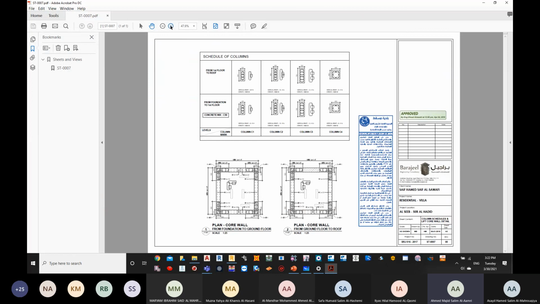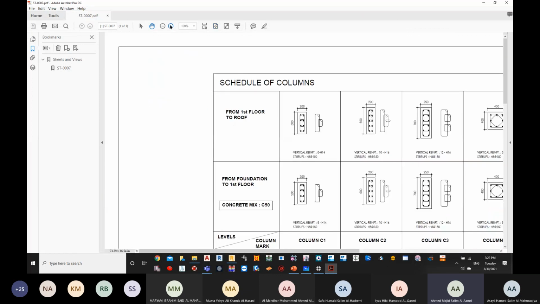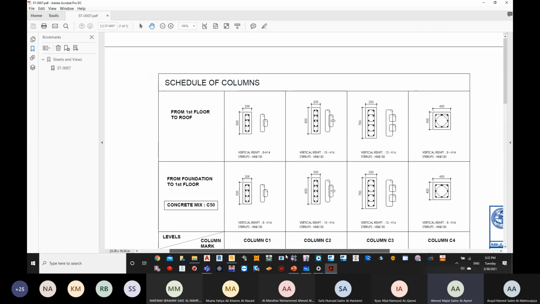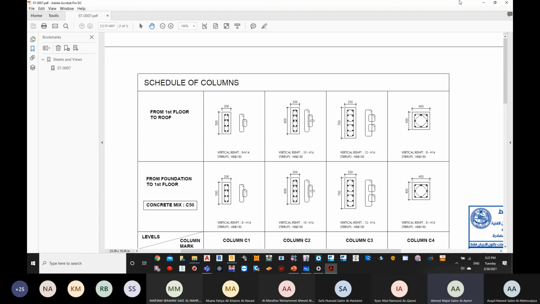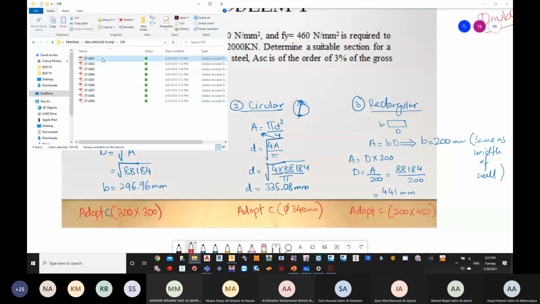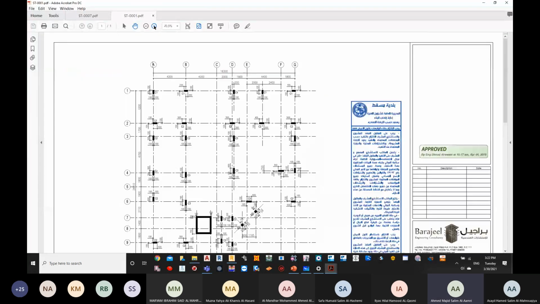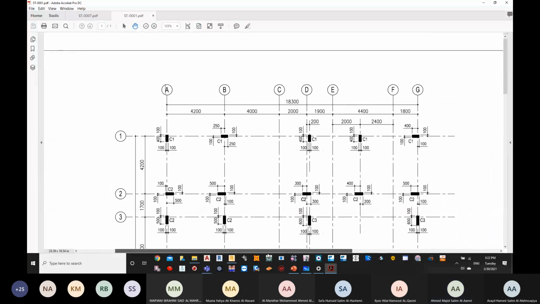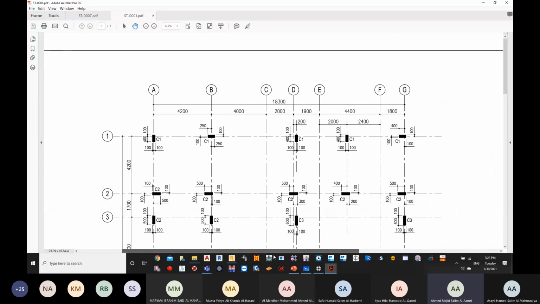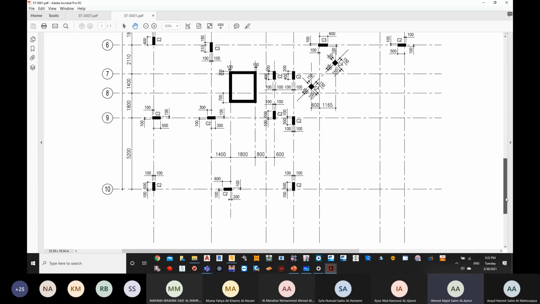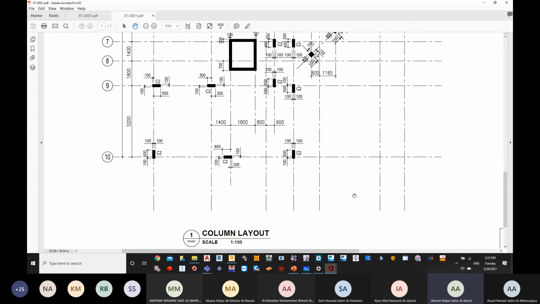Okay, now you can see here, this is the schedule of column. The previous one, let me just open it. This is whatever we call the column layout. Okay, column layout. This is showing the position of columns in your structure. And normally in the same sheet, we have the schedule.